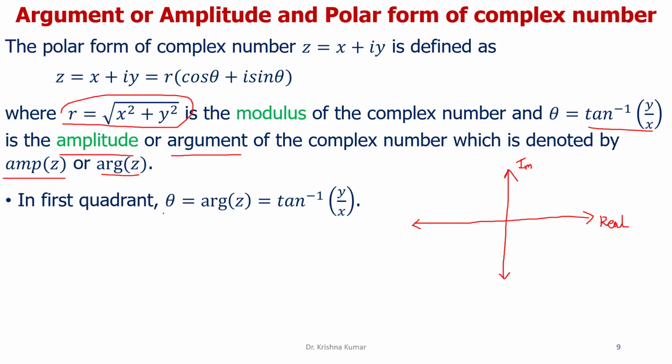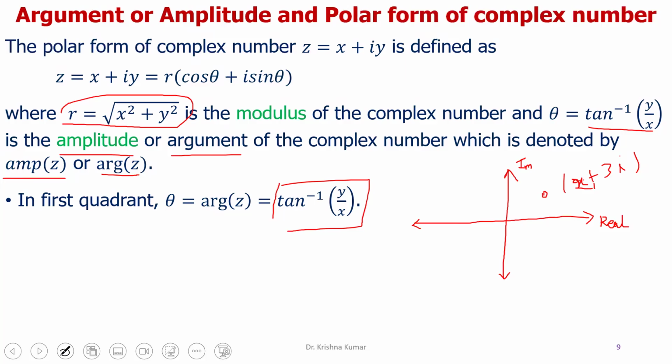So if any complex number lies in the first quadrant, for example here, the argument is given by tan inverse of y by x. For example, suppose it is 2 plus 3i. Then what is its argument? Theta is equal to tan inverse of 3 by 2. This is called argument of a complex number 2 plus 3i.